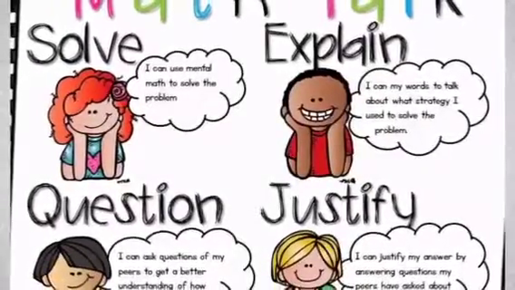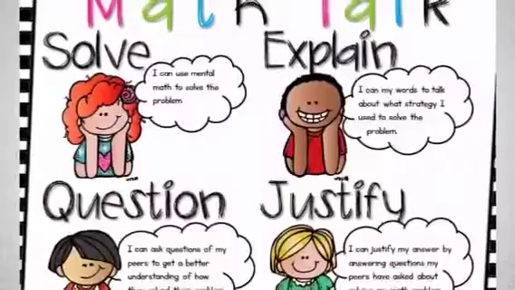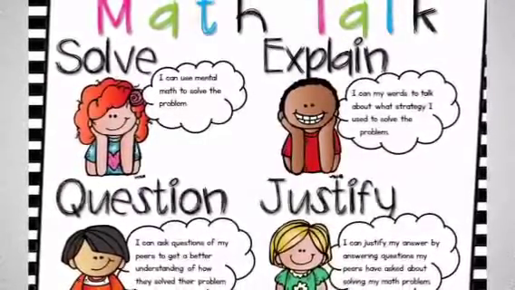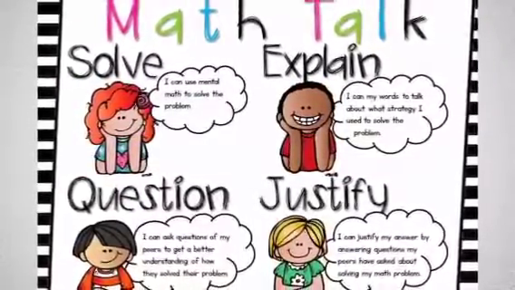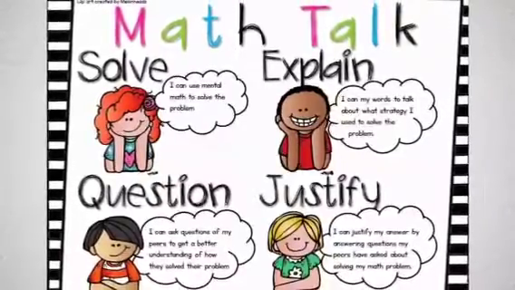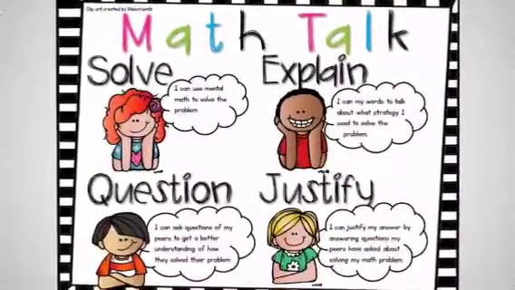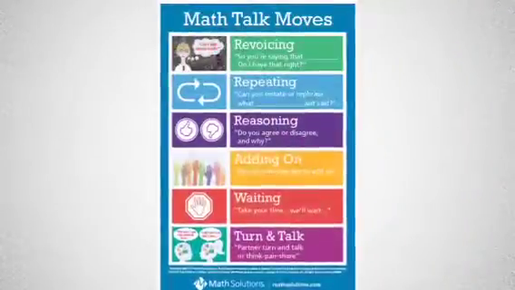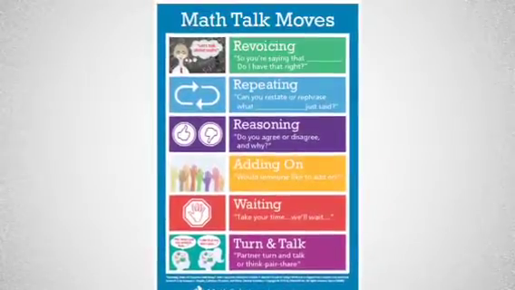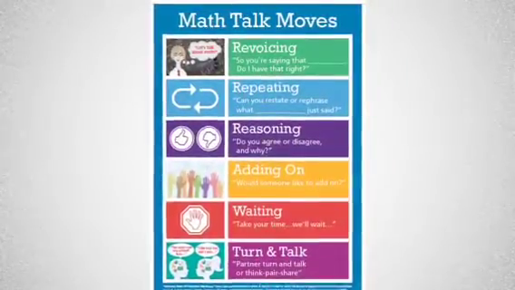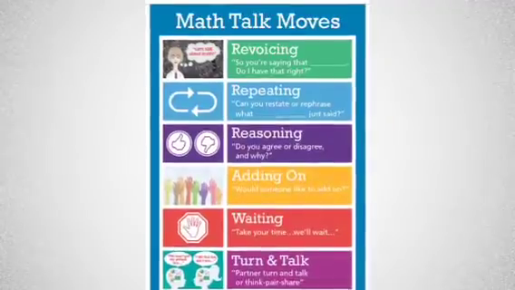Math talk is when students talk about a problem, explaining how they got it and the reason why they did it that way. This helps students talk about math and the reasoning behind how they do a problem. With math talk, there are math talk moves that the students will be using to help them engage in math talk.